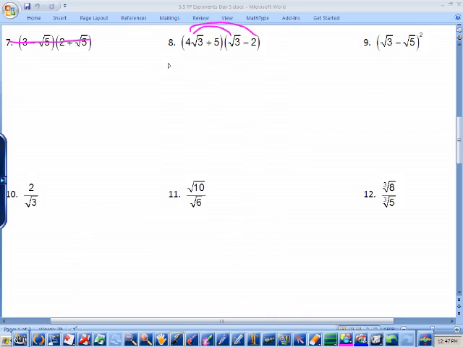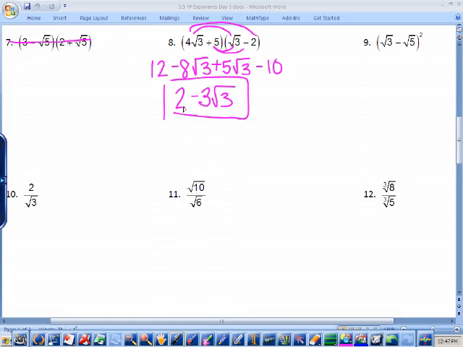So 4 times 3 is 12, minus 8 root 3. Then we distribute the 5, so we get plus 5 root 3 minus 10. 12 minus 10 is 2. Negative 8 root 3 plus 5 root 3 is negative 3 root 3.